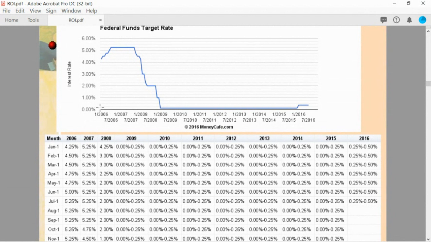Not only was there a lot of lending, but when interest rates are low, it's easy to borrow money, right? We all understand that. And then they borrowed money and put it into the stock market.